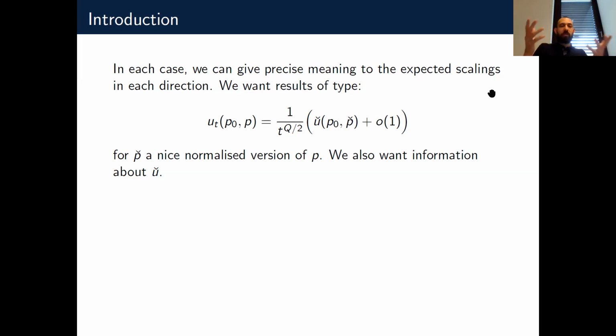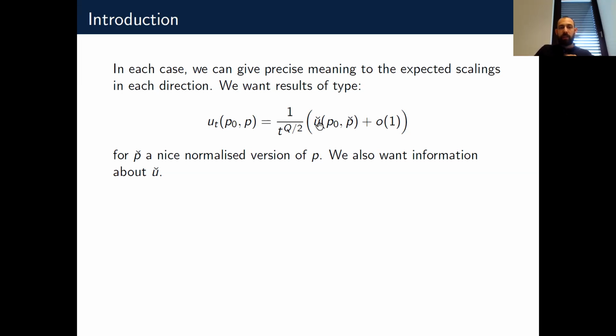So my p check, for instance, in the case of the Brownian motion, will be p, but exploded in every direction according to square root of t, and then I'll get higher powers of square root of t. So I'm going to explode my p in a good way, and I want this zoomed in version of my u to be nice, right? I want this version right here to be very nice.